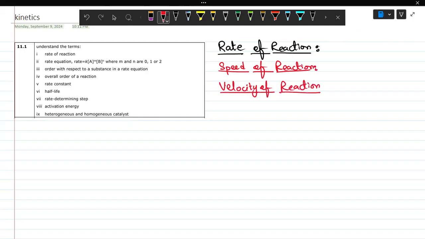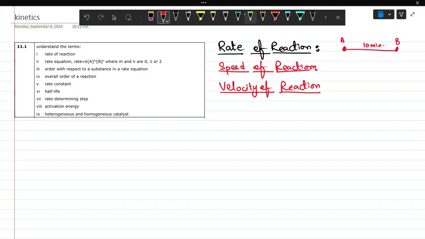If a person is standing at point A and wants to go to point B, and he spends 10 minutes, there is a time taken for the change to happen, as the person moves from position A to position B. This is basically the rate at which the person is traveling. If I consider this distance in kilometers or meters, we'll get the value.